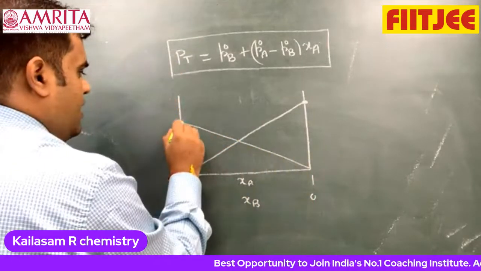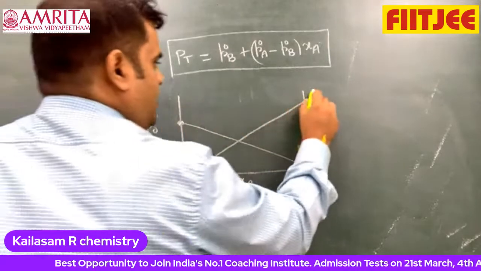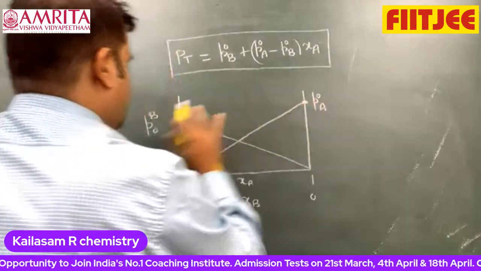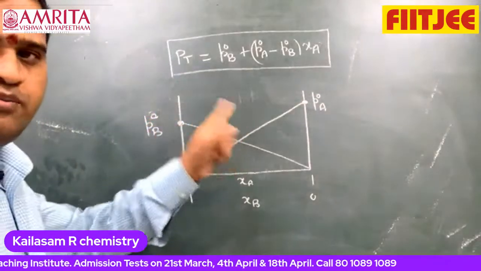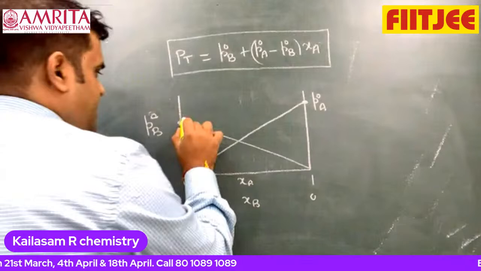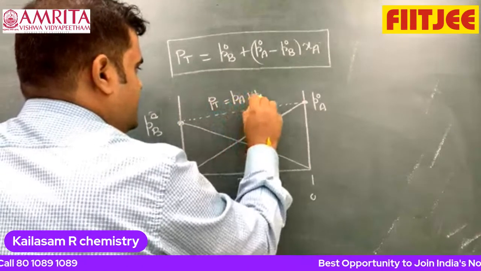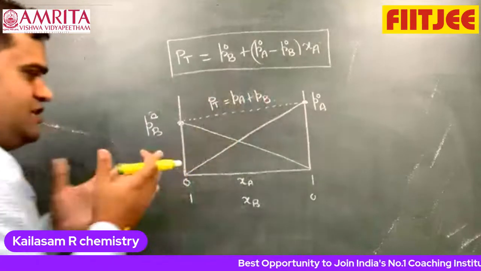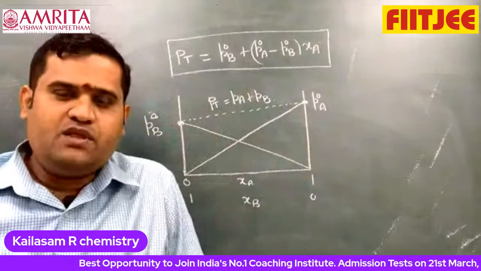So this will be P naught B at one end and P naught A at the other. So always the total pressure is in between. Therefore I can say that P is equal to PA plus PB. This is what Raoult's law says for the ideal solution.